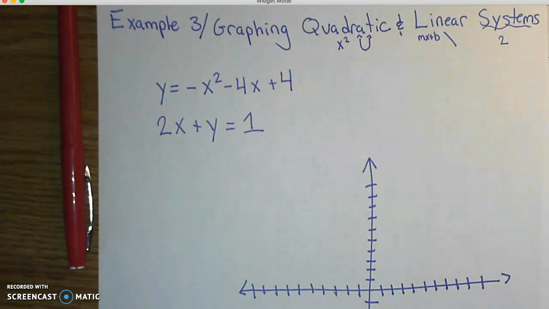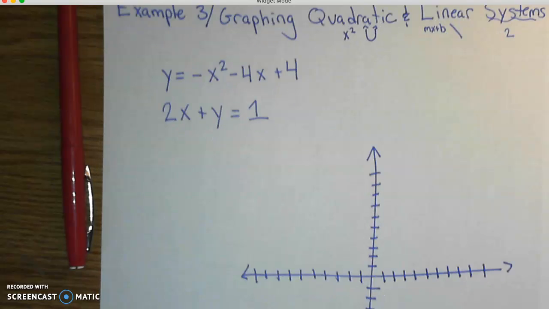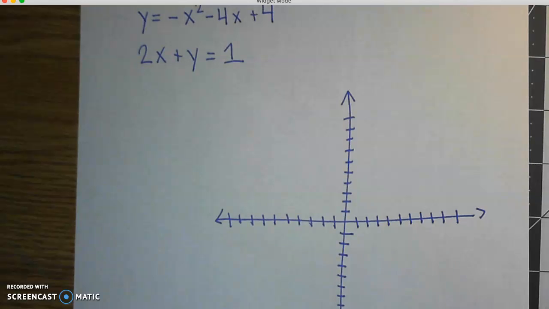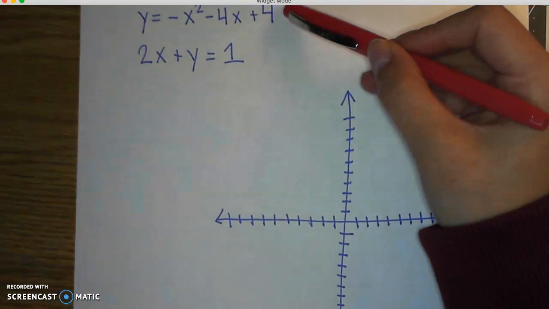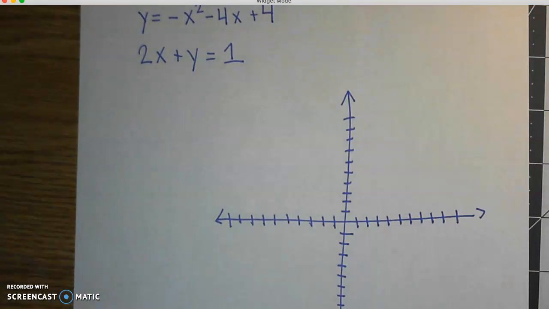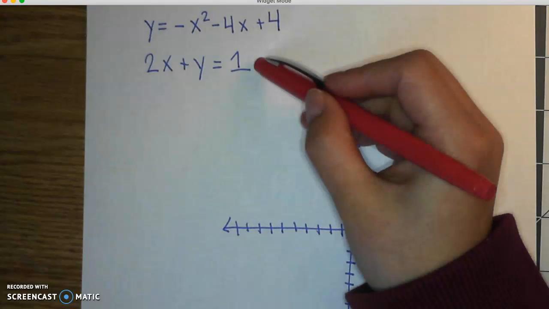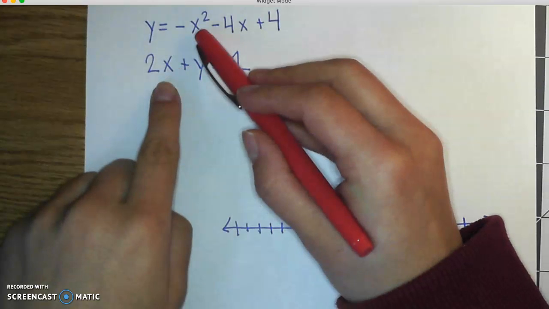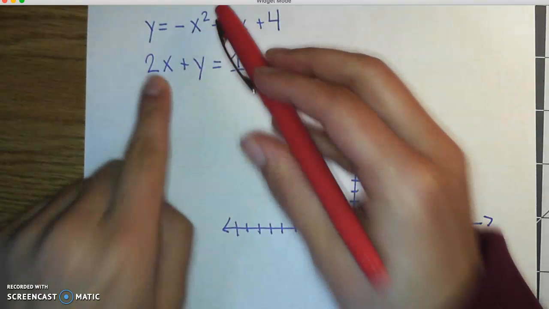Let's start with what we know. We know how to graph the line. Which one is the line? Is it the first equation or the second equation? Yeah, it's the second equation. This is my line because it's just x. It's not x squared. Okay.